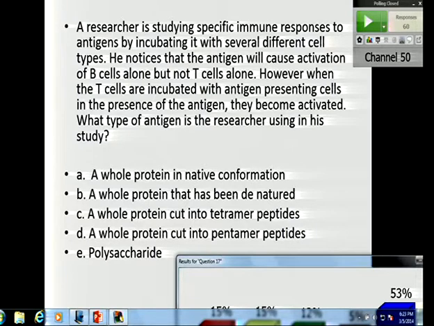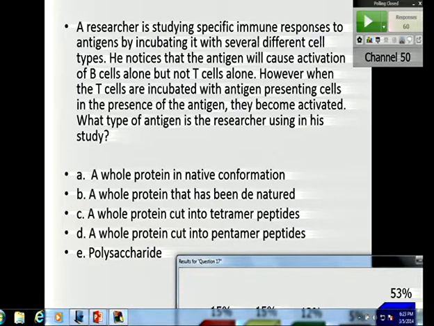If it was a polysaccharide, then the T lymphocyte will not be stimulated. You must remember that B lymphocytes can respond to unprocessed protein. B lymphocytes can directly respond to protein. They can respond to peptides. They can respond to polysaccharide. But T lymphocytes will only respond to peptides of about 10 to 20 amino acids, presented by MHC1 or MHC2.